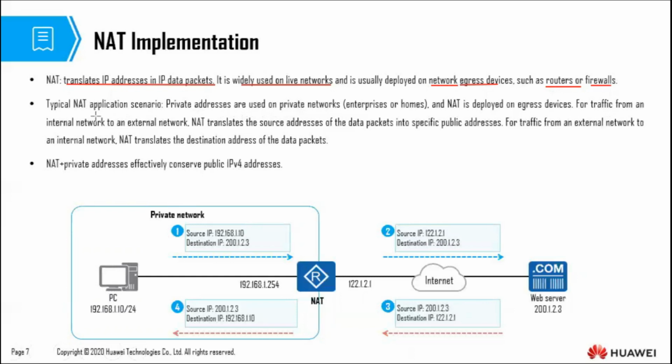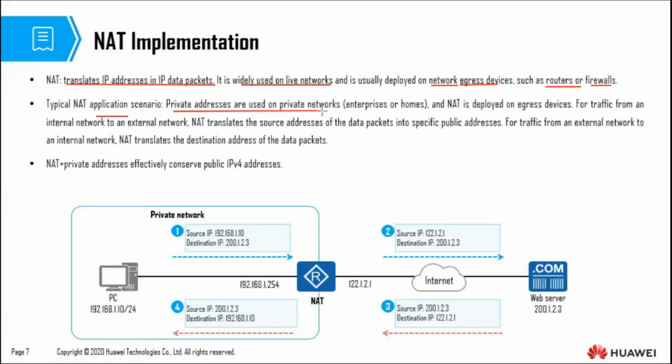So this is a typical application scenario. When Safaricom deploys fiber into your house, they give you the wireless access router. So that router will have a range of private IP addresses that they can assign to you when you connect to the internet. If you go to your phone networks and look at your IP address, it must be within the private range.